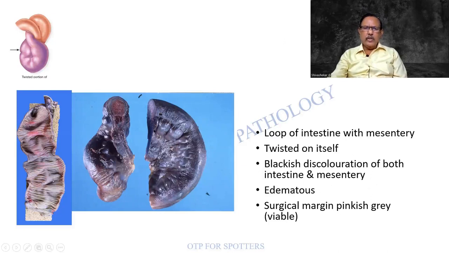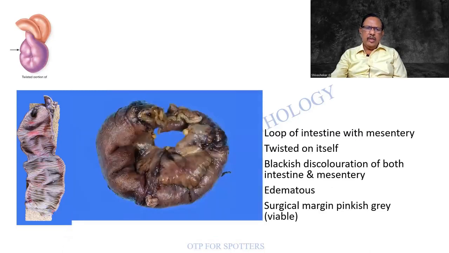The mesentery is also having a blackish discoloration and it is shiny, edematous. It is twisted upon itself and it is called a volvulus. Look at this over here, twisted upon itself, and this is the surgical margin which is viable or alive.